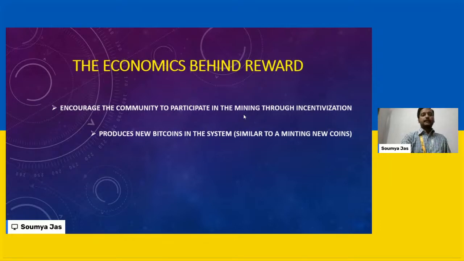And the third one is the nice economic model. Without any controlling or governing body, essential transactions are still happening, and it is a successful, strong financial community.